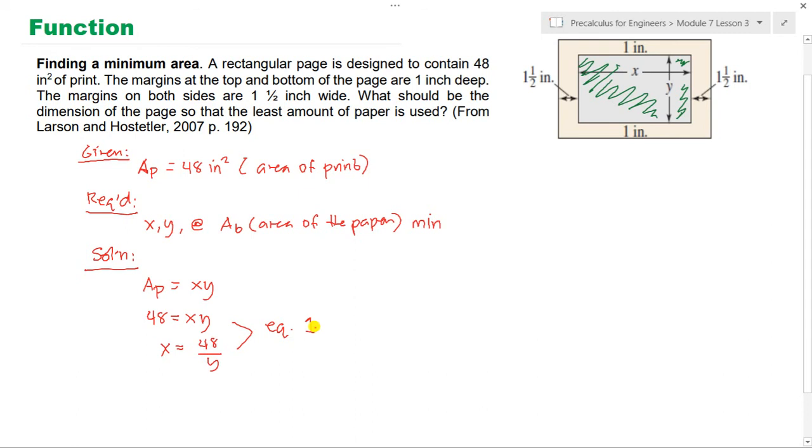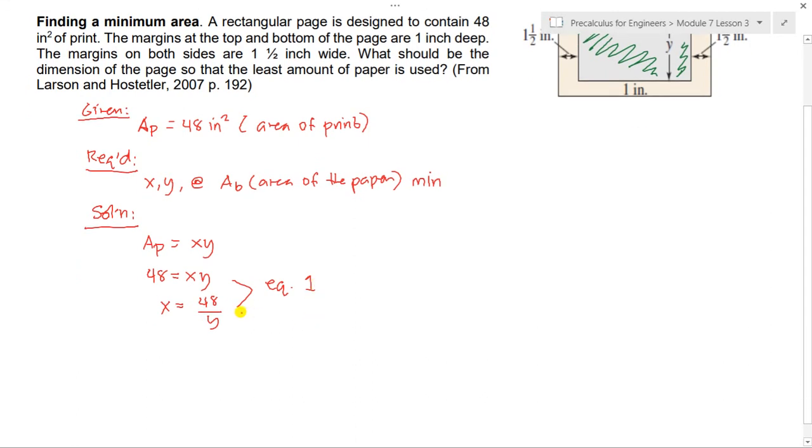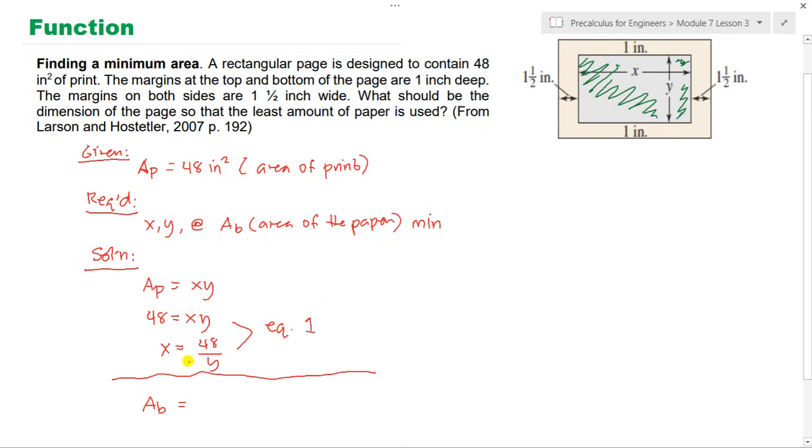Then nabutegingan diri nga ang second condition is to have a least amount of paper in used. So unsa day area sa ato ang papel? So area of the paper AB is just equal to unsam ni siya? Unsa dimension niya? Dimension niya is equals to x plus twice the margin, di ba?